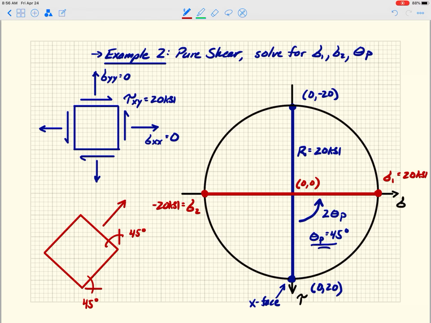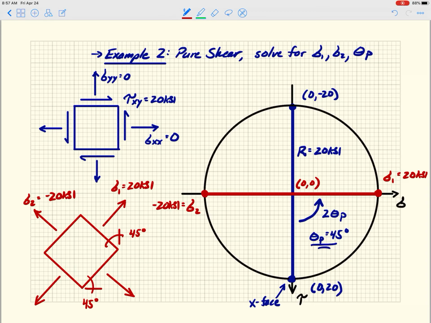So this guy here is my sigma 1, and that is equal to 20 ksi. And then perpendicular to that, 180 degrees on the circle, 90 degrees on the cube, this guy is my sigma 2, and that equals minus 20 ksi.